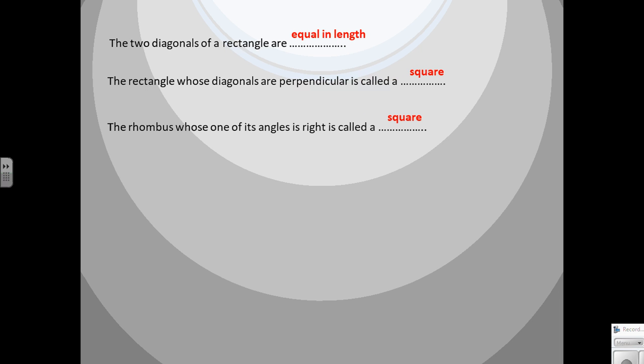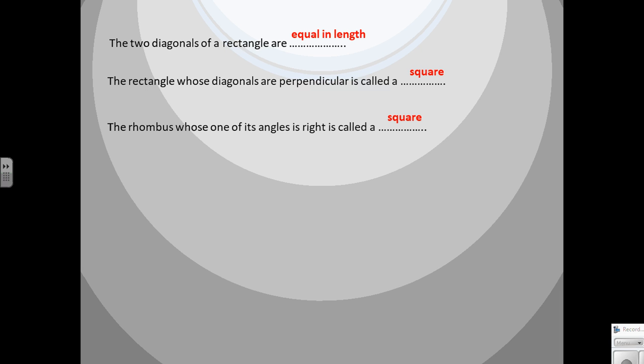And why didn't we say that it's rectangle? Because the rectangle is beside the rhombus, not under it. So when he says the rhombus whose one of its angles is right, the answer will be square. But if he said the parallelogram whose one of its angles is right, the answer will be rectangle.